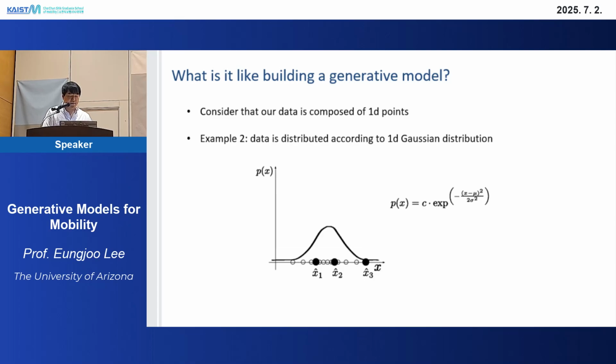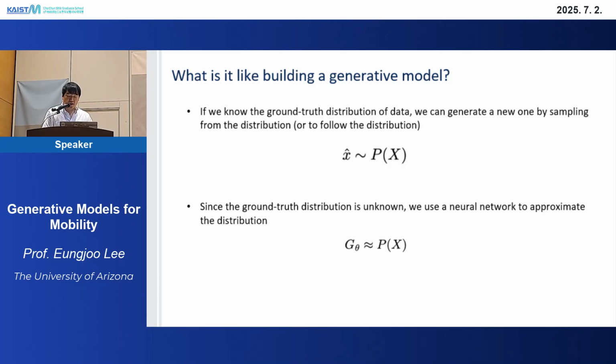In the second example, data is distributed according to a 1D Gaussian distribution. Once you are aware of the data distribution, you can just sample a new data set based on this defined function.